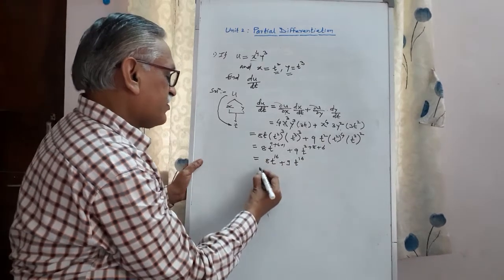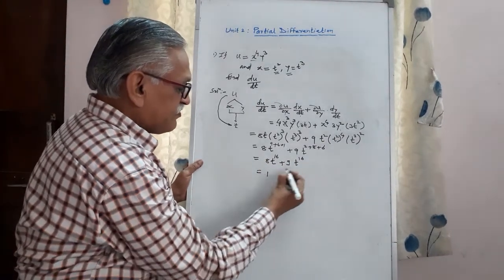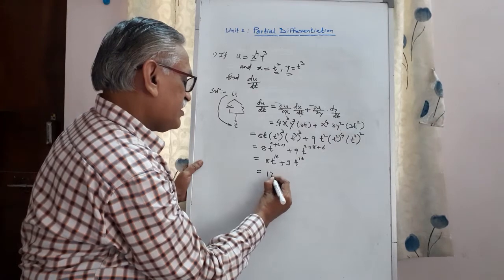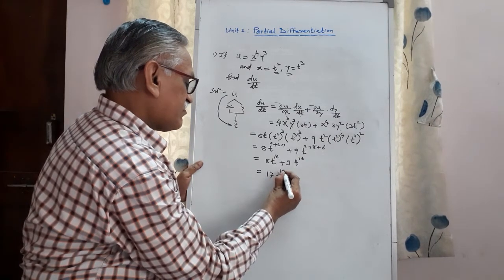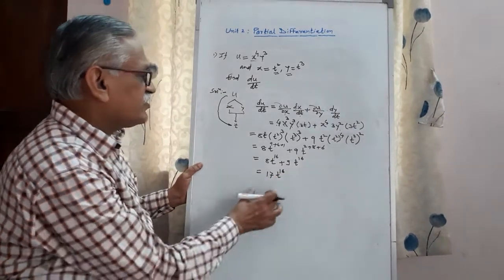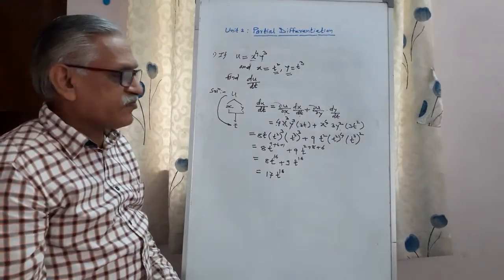Adding the same power terms, it is 17t raised to 16. This is the required total derivative.